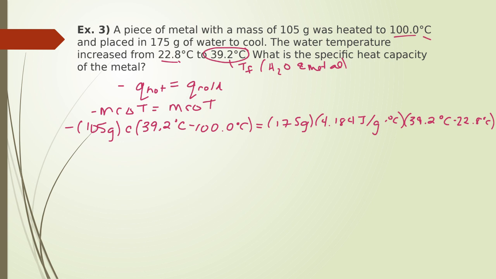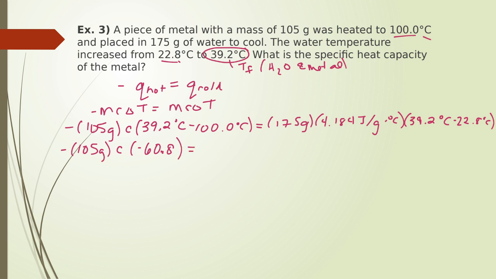So let's clean this up. Let's subtract where we can, multiply where we can. And we'll do this in baby steps for you. So we're going to do negative 105 grams times C, delta T, let's do it. When we subtract those off, we get negative 60.8, and that makes sense. Temperature is going down.